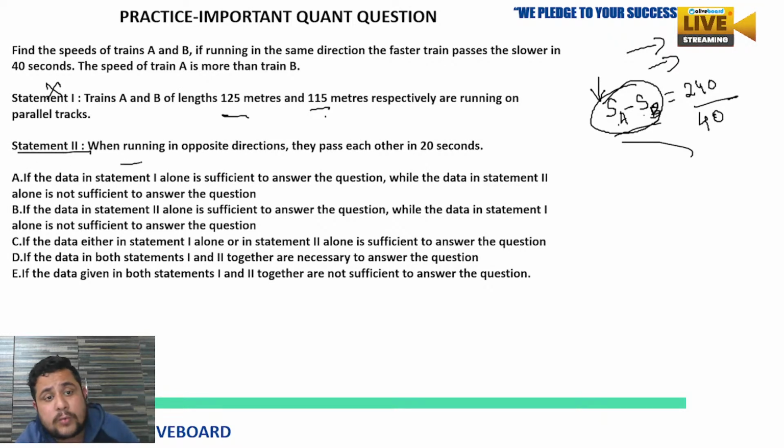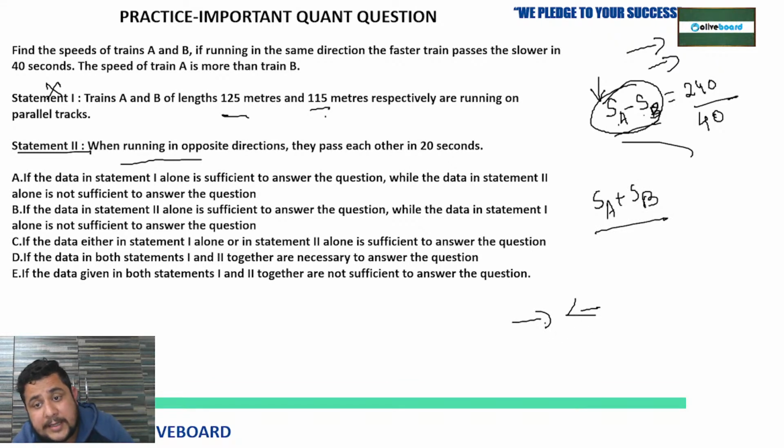Now statement 2, when trains are running in the opposite direction. When they run in opposite directions, they are coming towards each other, so the relative speed will be the sum of the speeds of both trains. They pass each other in 20 seconds.